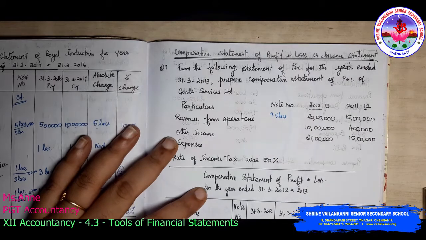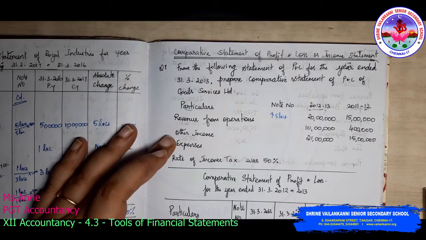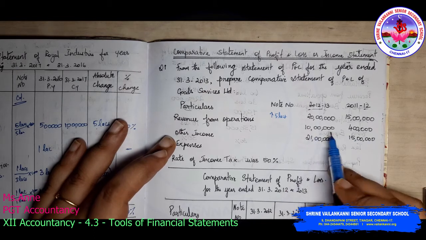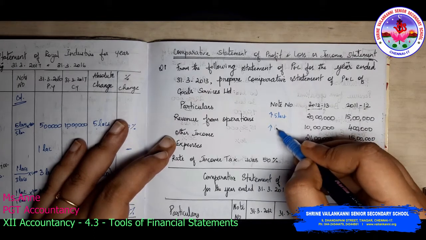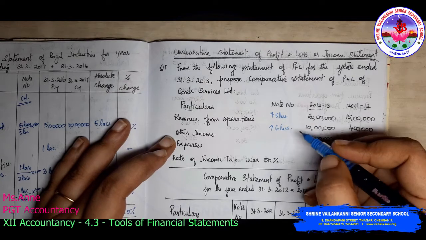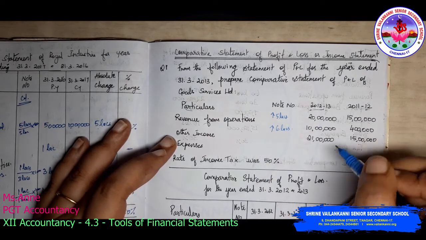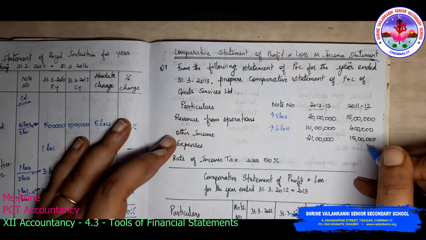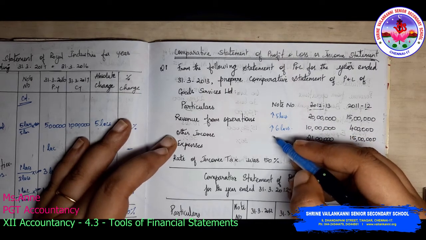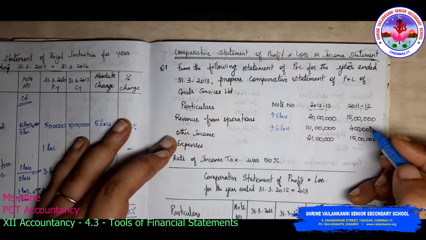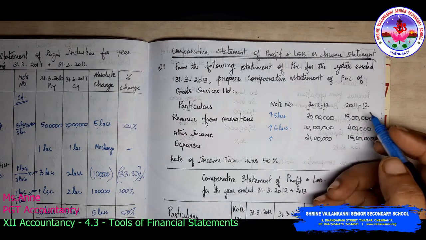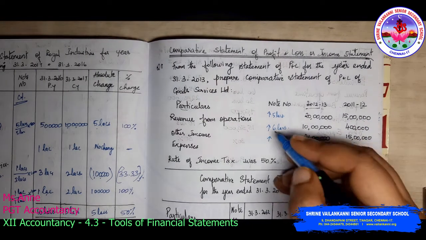Other income: previously it was only 4 lakhs, now it is 10 lakhs, so an increase of 6 lakhs. Expenses: 21 lakhs, previously only 15 lakhs, which is an increase of 6 lakhs again.